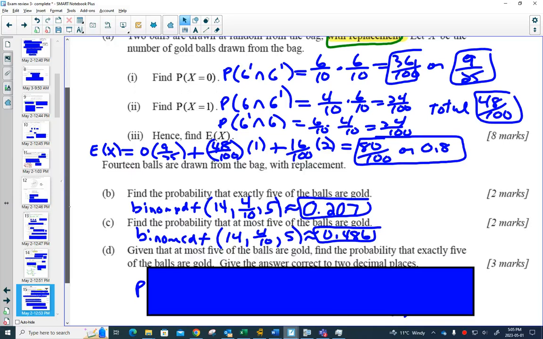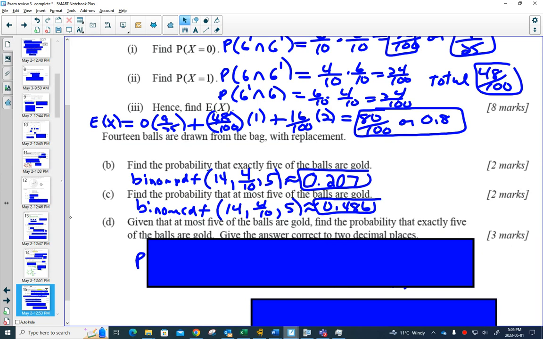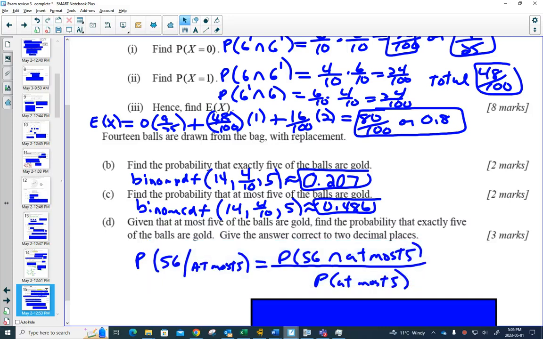Then in part D, given that at most 5 of the balls are gold, find the probability that exactly 5 were gold. Well, if we set up our formula, it's going to be the probability of exactly 5 and at most 5, divided by the probability of at most 5.